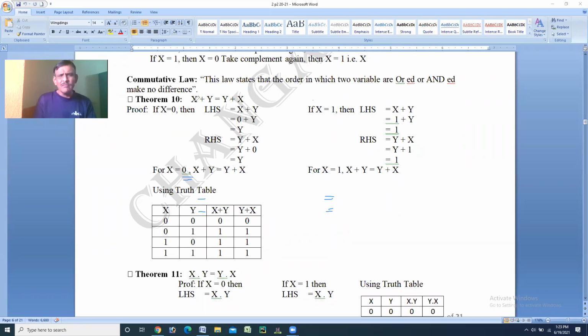So we start observing the theorem. The first term is x. For that, one column is prepared. For the first column, we are writing x. Then the second term is y, so the second column is y. The RHS, if you observe, has the same things, but in a different order. So we are not worrying about that.